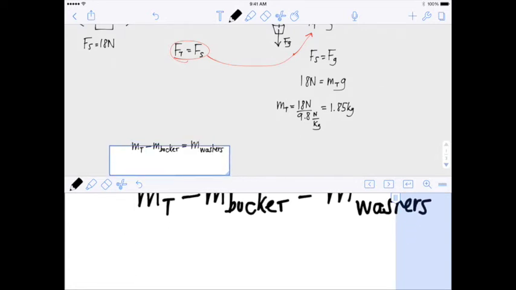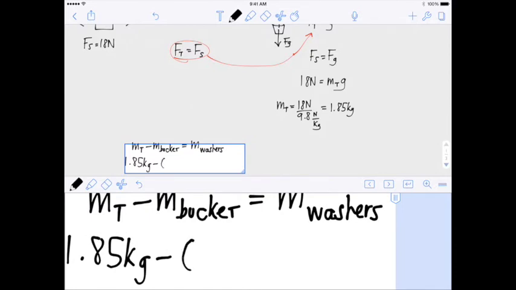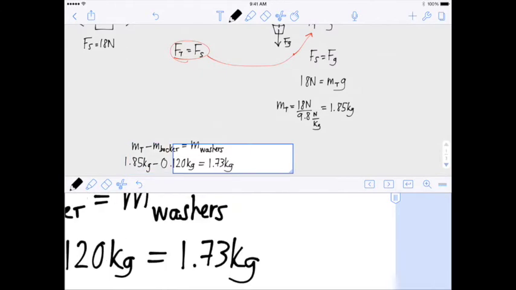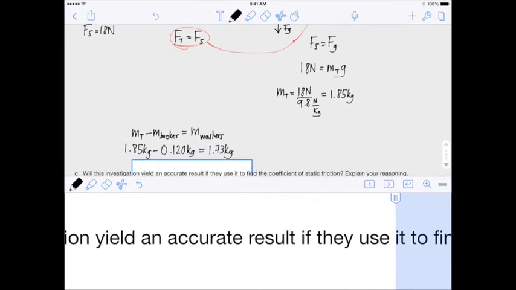So if our total mass is 1.85 kilograms and the mass of our bucket is 0.120 kilograms, or 120 grams, then the mass of the washers is 1.73 kilograms. So that's a total mass of washers.